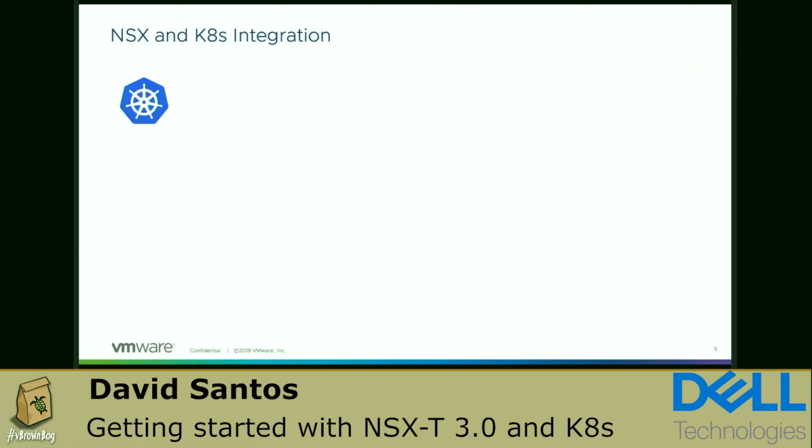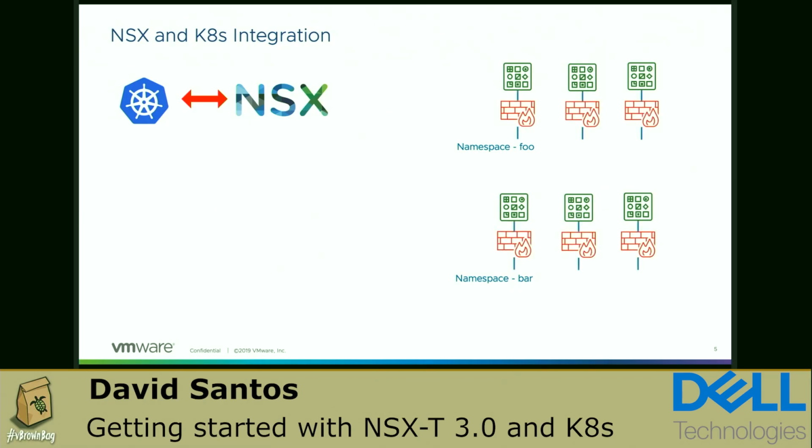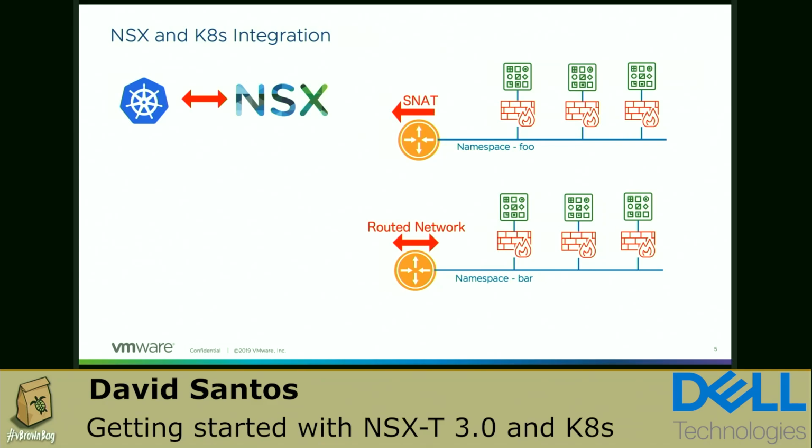So to start this integration, we have Kubernetes that will deploy the pods and NSX that will deploy the connectivity. NSX will be integrated to Kubernetes using a YAML file, and for everything that's created, it will deploy the firewall rules, the L2 networking, the L3 networking. Here we can have routed networking and also NATed networking.